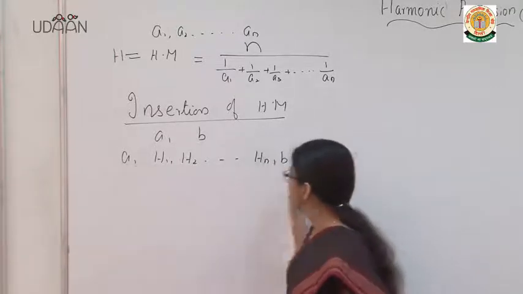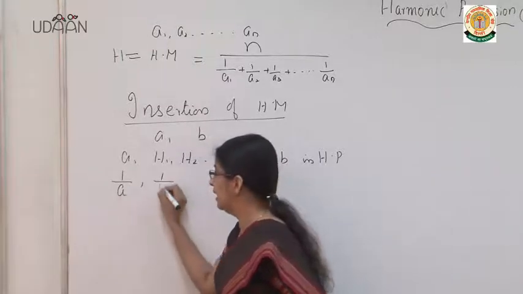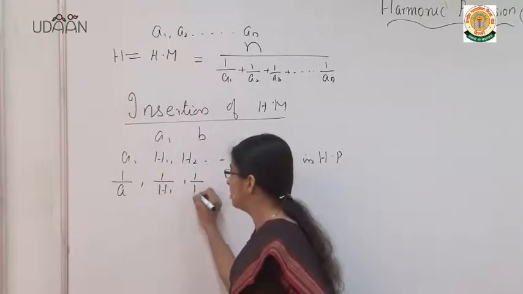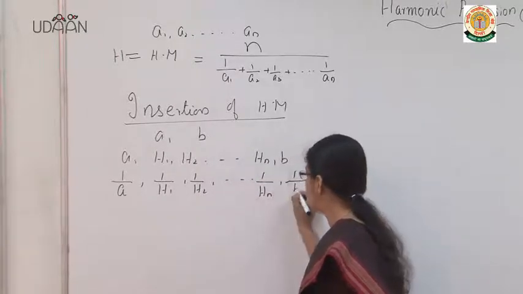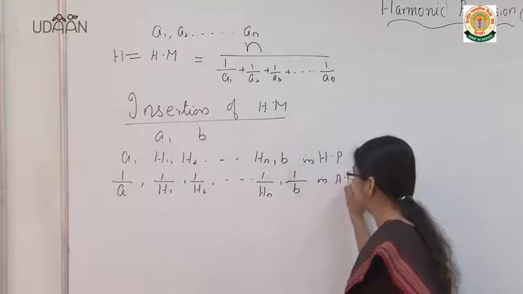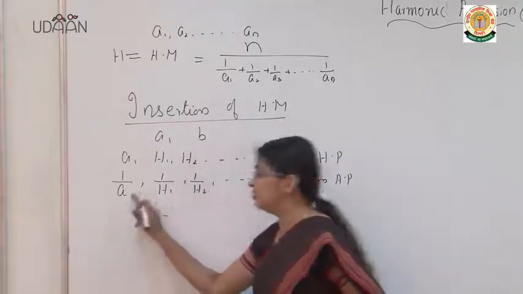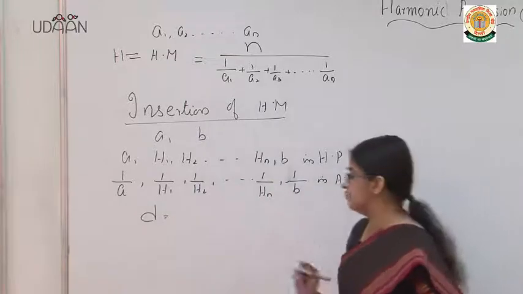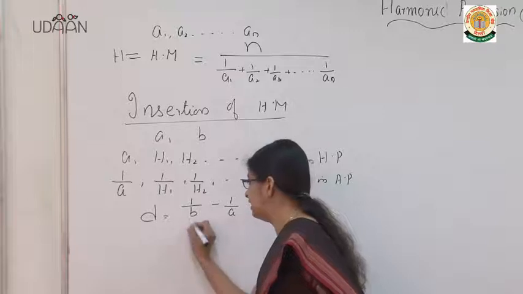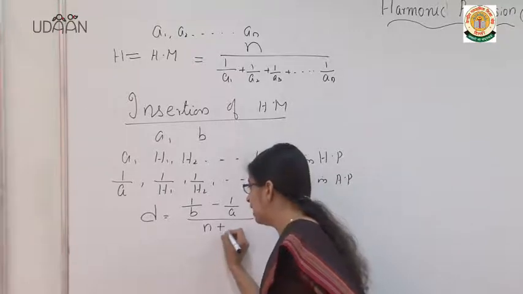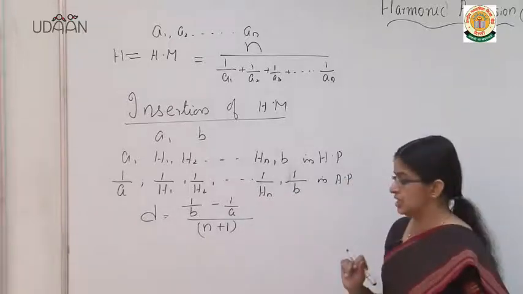If these terms are in harmonic progression, then their reciprocals 1 by A, 1 by H1, 1 by H2, etc., 1 by Hn, 1 by B are in arithmetic progression. The common difference D of the arithmetic progression is given by (1 by B minus 1 by A) divided by (n plus 1), one more than the number of means inserted.